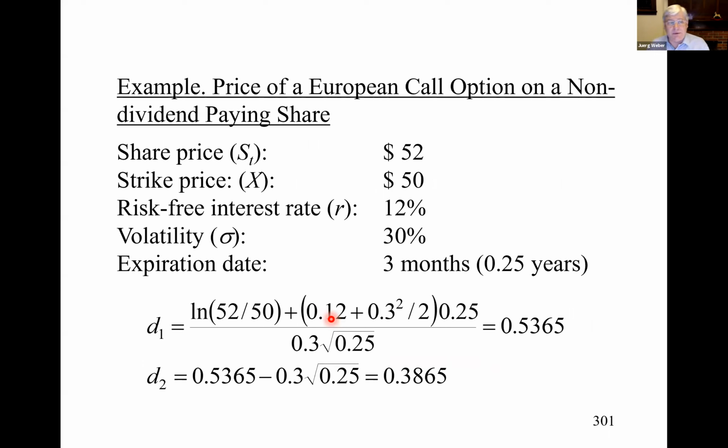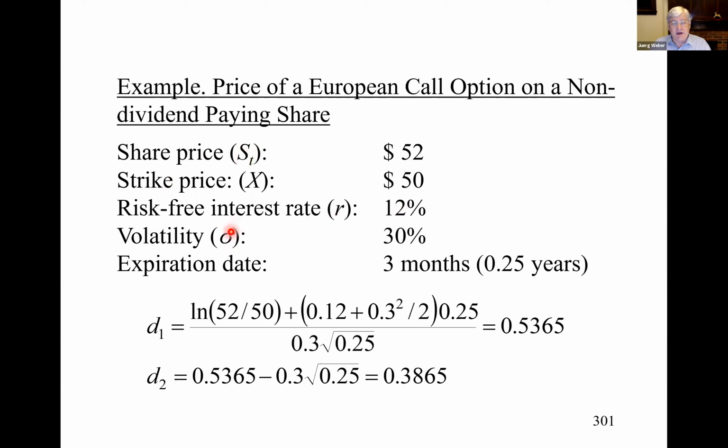I have here an example. Let's have a share price of $52 today at time small t. The strike price, which applies at time big T when the option expires, let's assume is $50. We have an interest rate of 12%. We have a scaling factor for the standard deviation of the underlying geometric Brownian motion of the S variable.